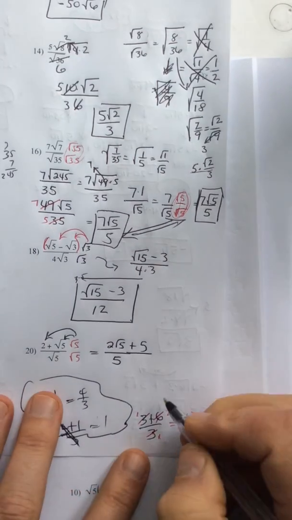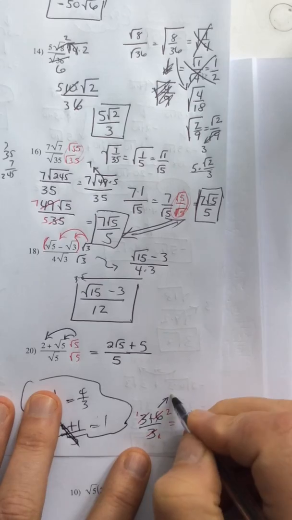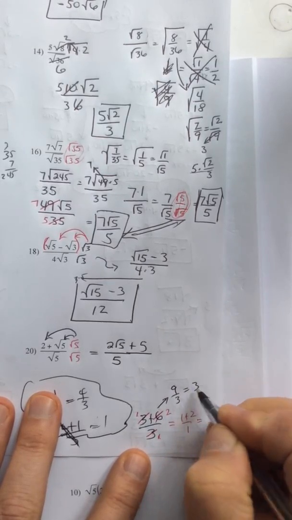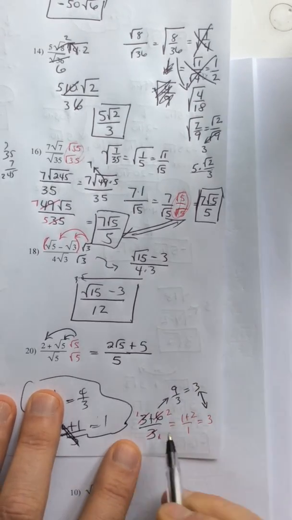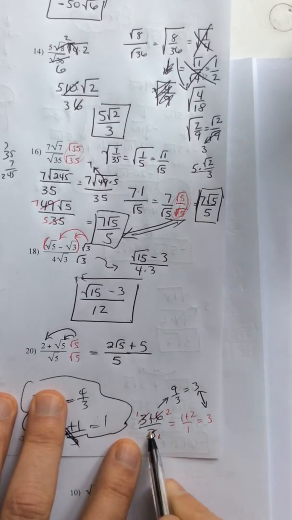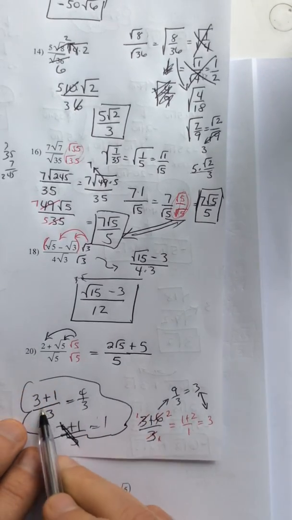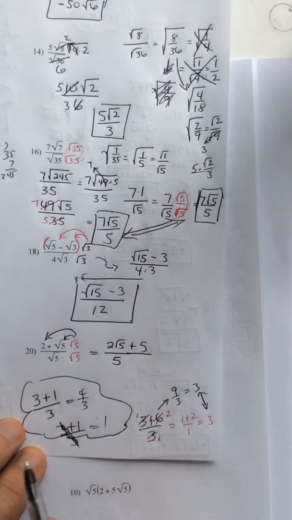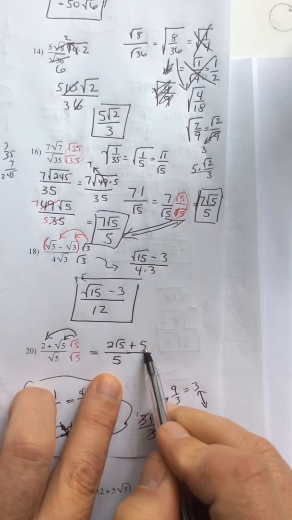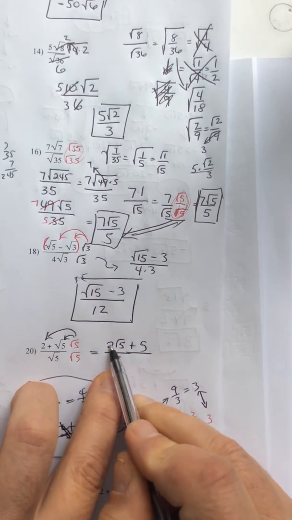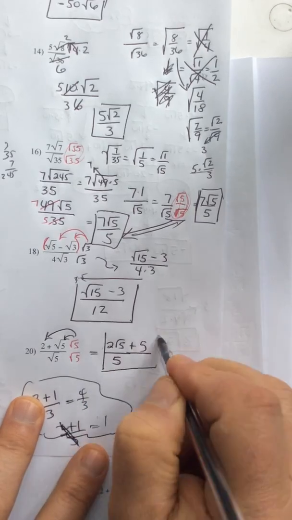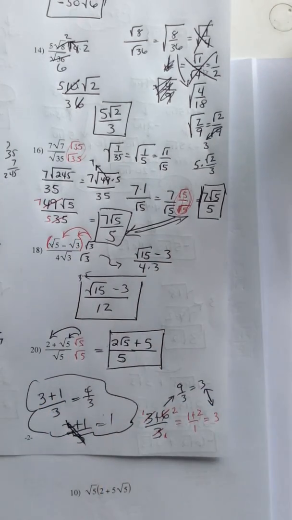Look what we would have had if we'd gone the original way. 3 plus 6 is 9 over 3, which is also 3. See, that works. If you can divide everybody by the same thing, you can reduce it. But if you can only divide part of it by the same thing, you cannot reduce it. So that 5 does not reduce with that 5 because it cannot reduce with that 2. So that's it. 2 square roots of 5 plus 5 over 5. Okay, give some of those a try.